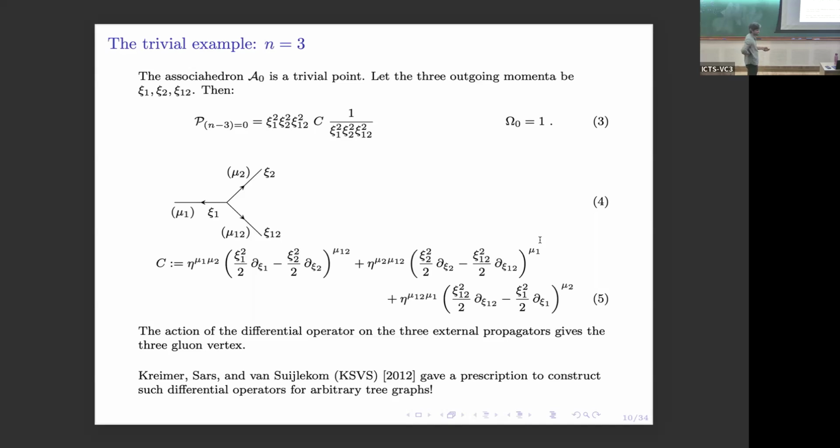Roughly, you take the gluon vertex and you replace each momentum by this differential operator. This differential operator acting on these poles gives you the eigenvalue xi1 itself, okay? So you can check that this C acting on this object will give you the gluon vertex, okay?